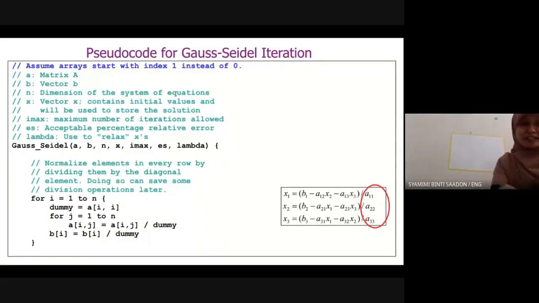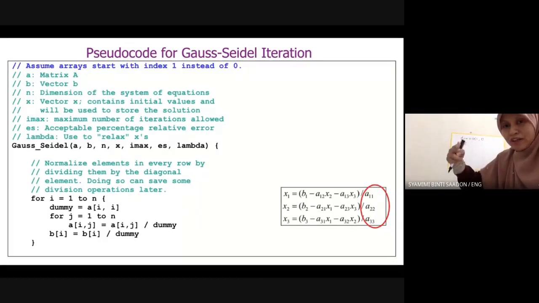Okay, so for example here, if we do this programming, so we have dummy. So the first round will be dummy A11. Okay, so and then j. You know how to read programming language, right? Okay, so if you have two loop for at the same time, means that for i equals to 1, we need to solve for j equals to 1 to n.